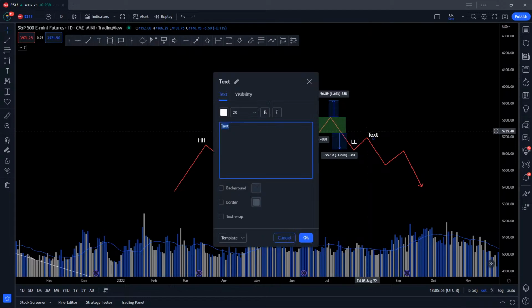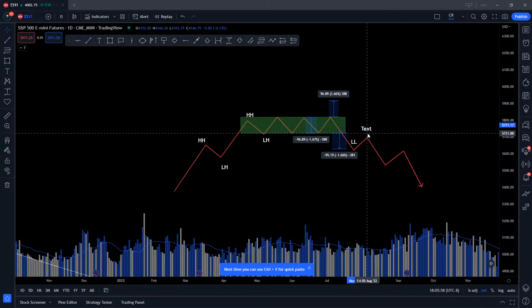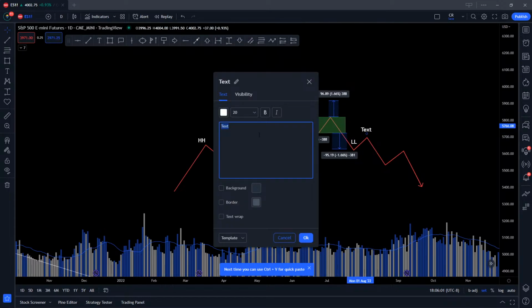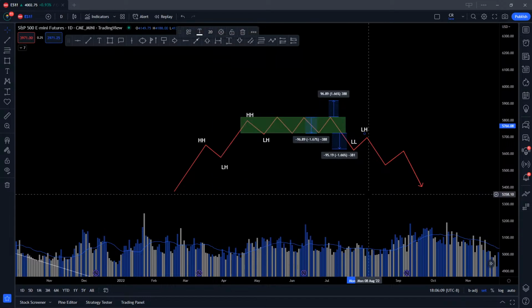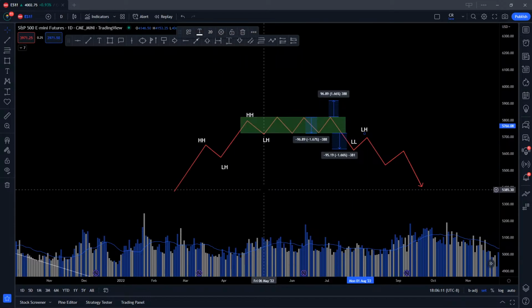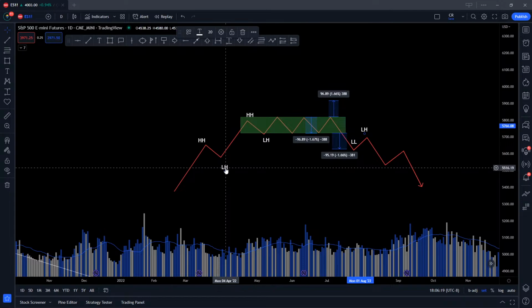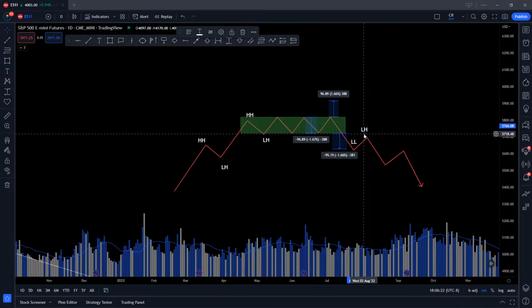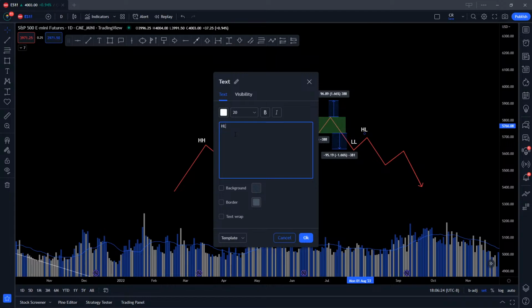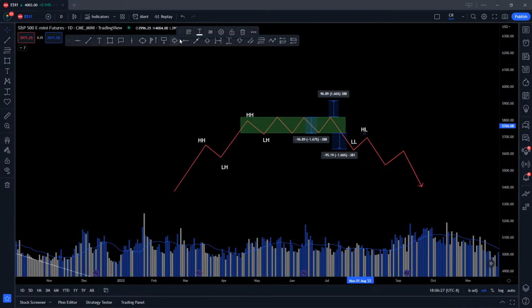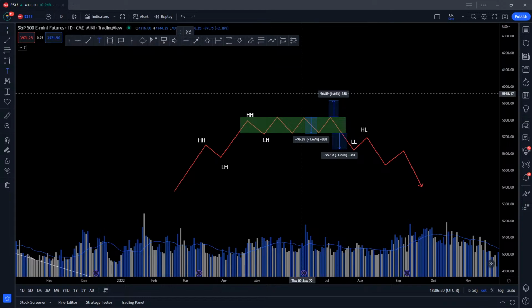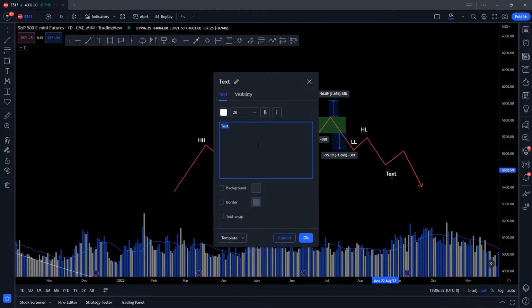And for some people, this might be super basic. I know it is, but just in case we have new people in the Discord that don't know this per se, this is a lower high. Right, I'm doing this wrong. This is a higher low. Lower low.